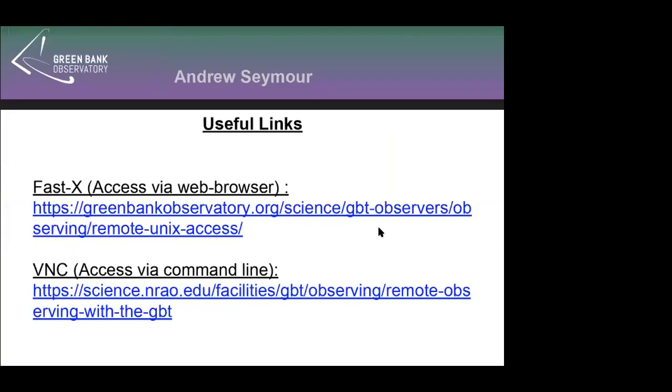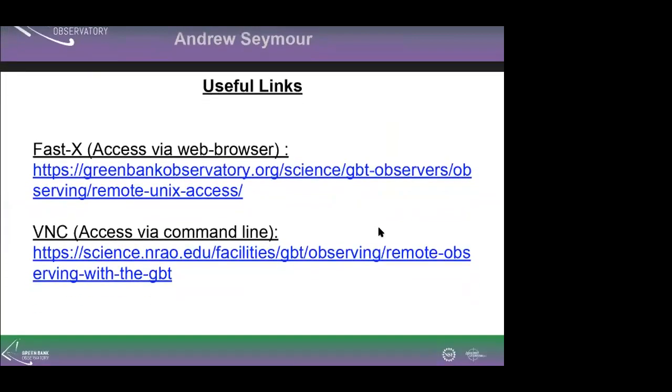There are two ways you can enter into our network. We offer a web browser interface, and that's what we're going to use today. There's also the classic VNC methods, and we have a link on our website that can walk you through that. It's not the most up-to-date.